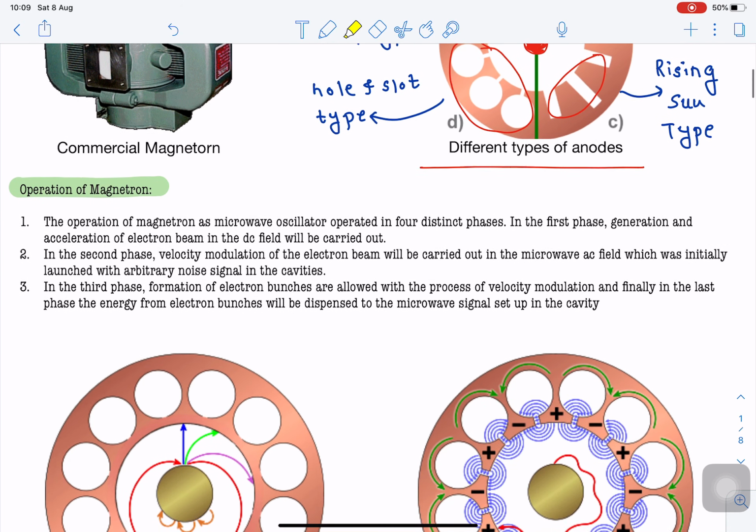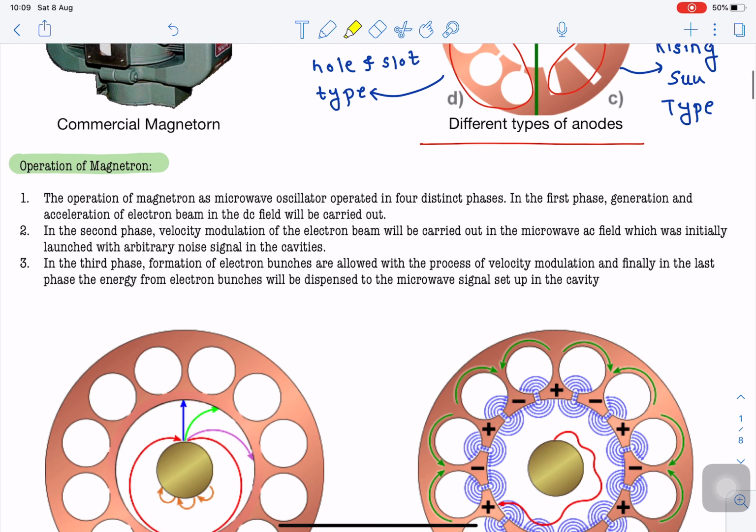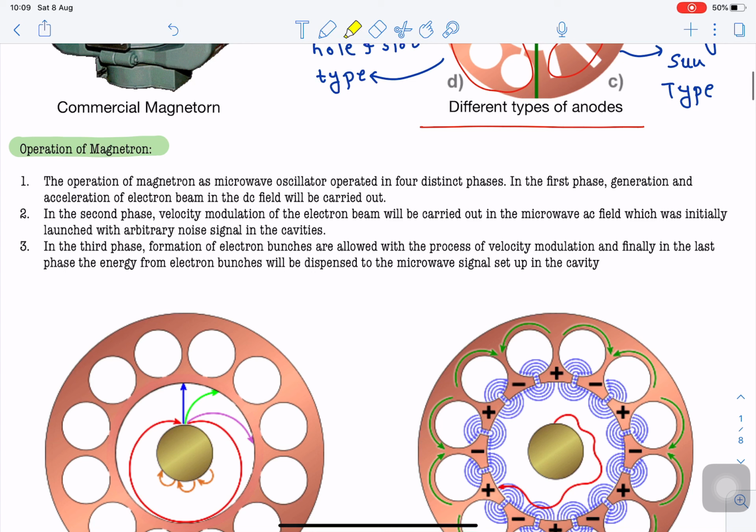Now let us see how this magnetron tube operates and how it provides us a continuous source of microwave oscillation. The magnetron as a microwave oscillator is operated in four distinct phases. So there are four different phases of operation of the magnetron in order to produce the microwave oscillation.